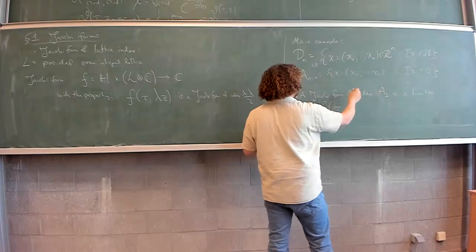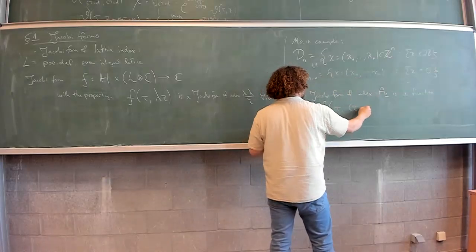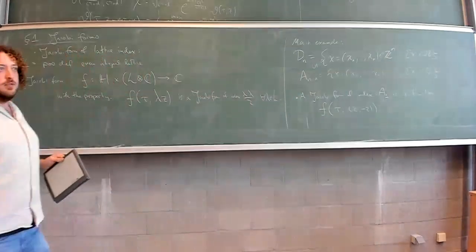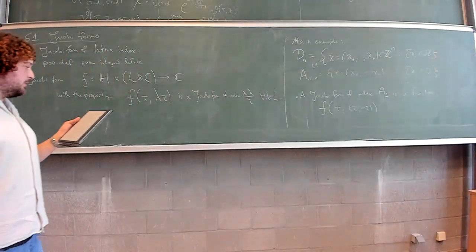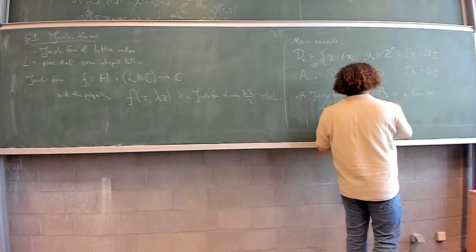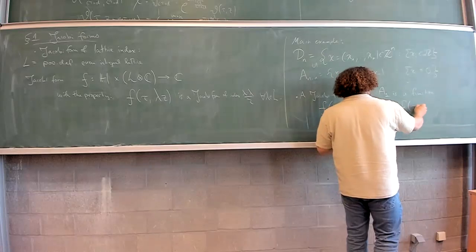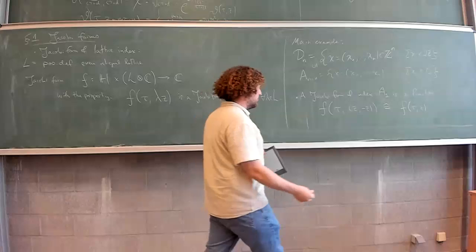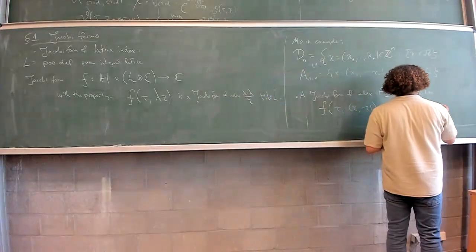Elements of A1 in our notation are complex pairs that sum to 0. So this is some function of the form f(tau, z, minus z), and that's exactly the same as a function f(tau, z) of classical index 1, so a Jacobi form of index 1.